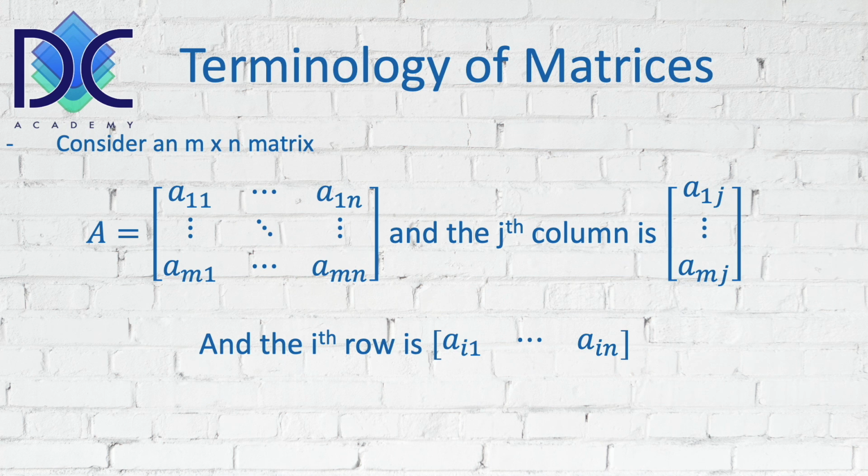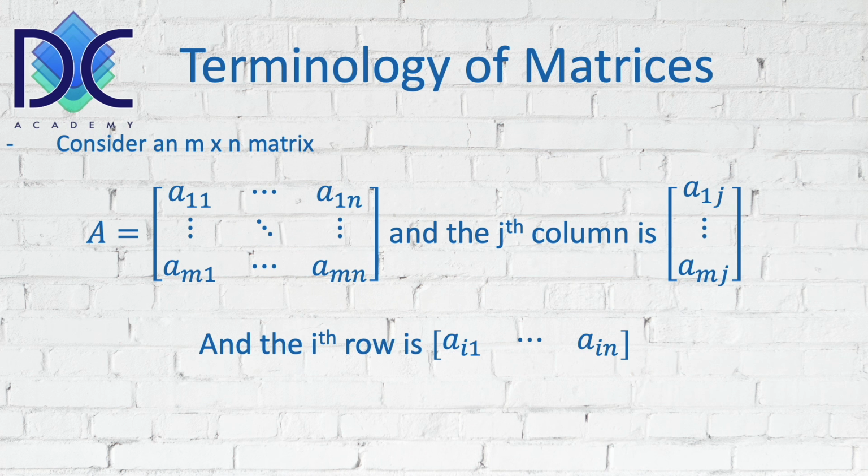And the ith row is given by the sequence ai1 up to ain. If I would consider the fourth row, I would say this is a41 up to a4n. Sorry for that.